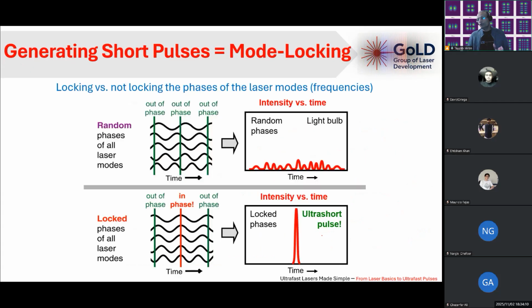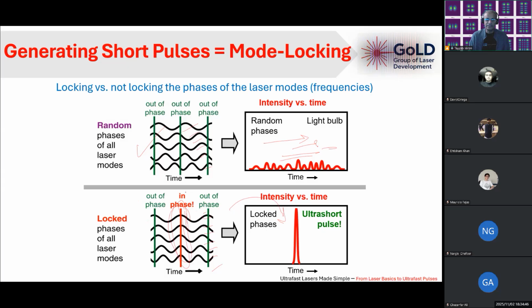This one you already know. I have shown this kind of slide before, just to recall your memories. What you see here is random pulses, out of phase, and at the output you don't get anything. This is just noise. And if the modes are locked here, these are modes, different wavelengths locked, then at the output you get this ultra short pulse.